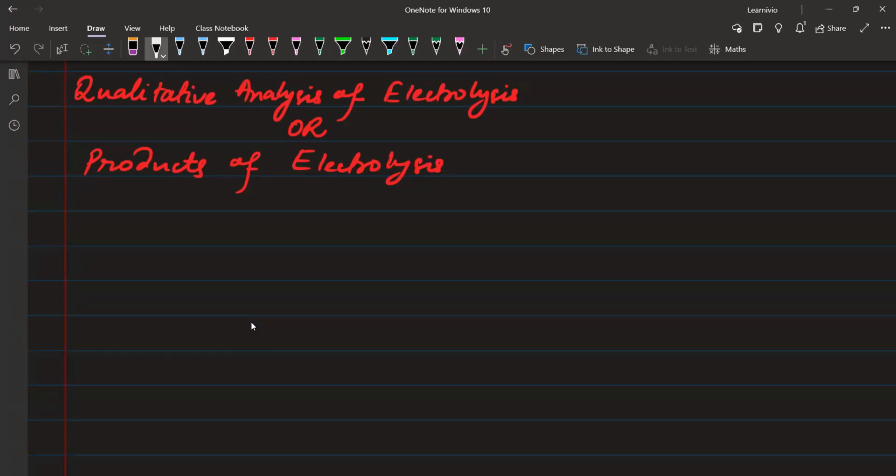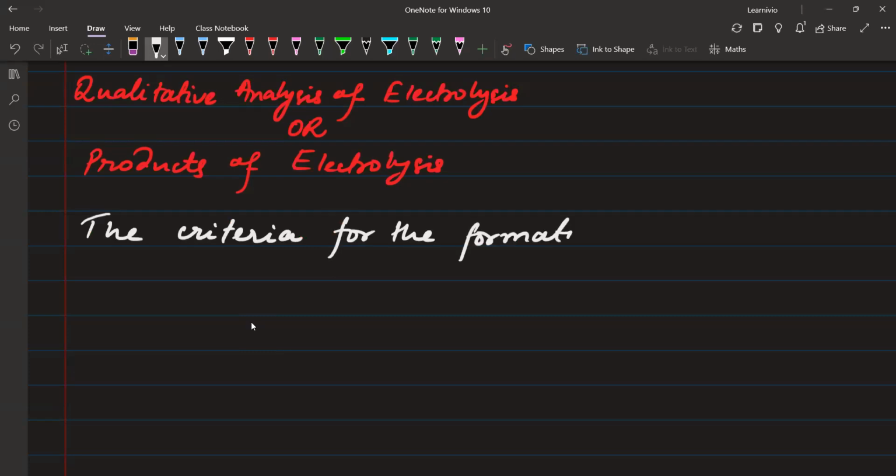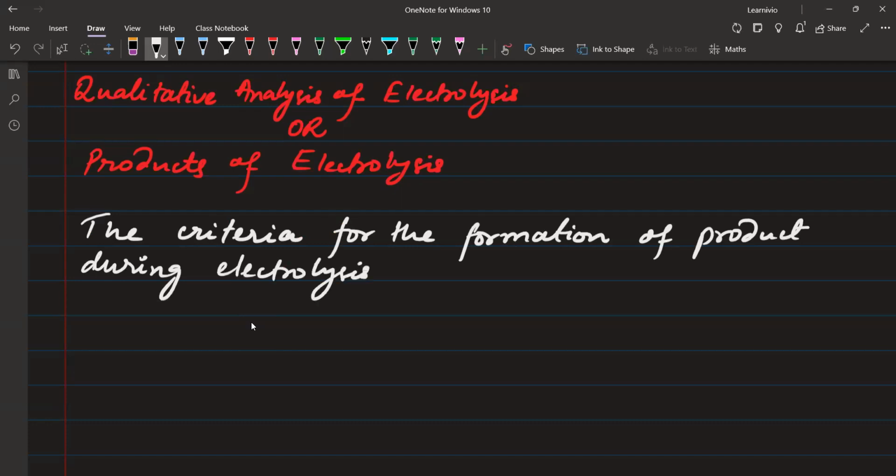So please write the criteria. The criteria for the formation of product during electrolysis depends on the following.